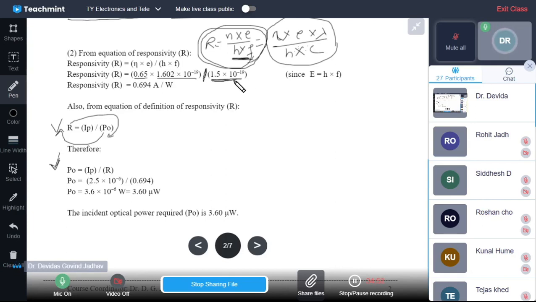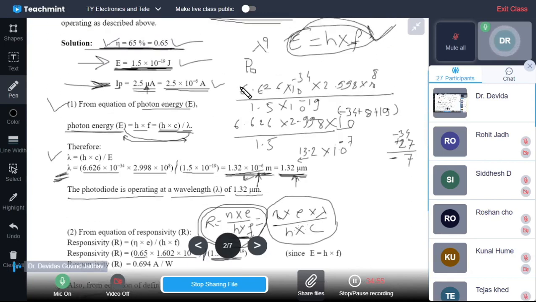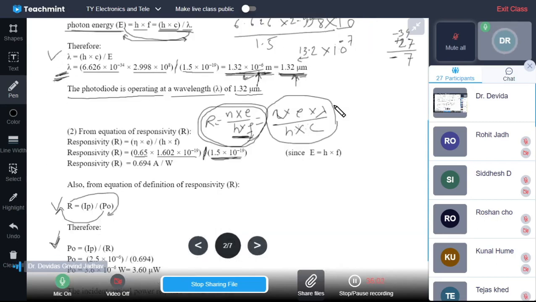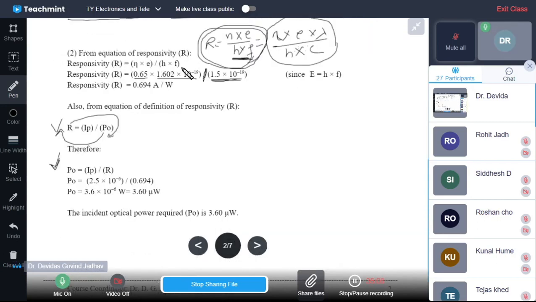Because this is E, and E is hf, you can substitute hf as 1.5 into 10 raised to minus 19. Why have we substituted this? Because hf is E, so E is 1.5 into 10 raised to minus 19.